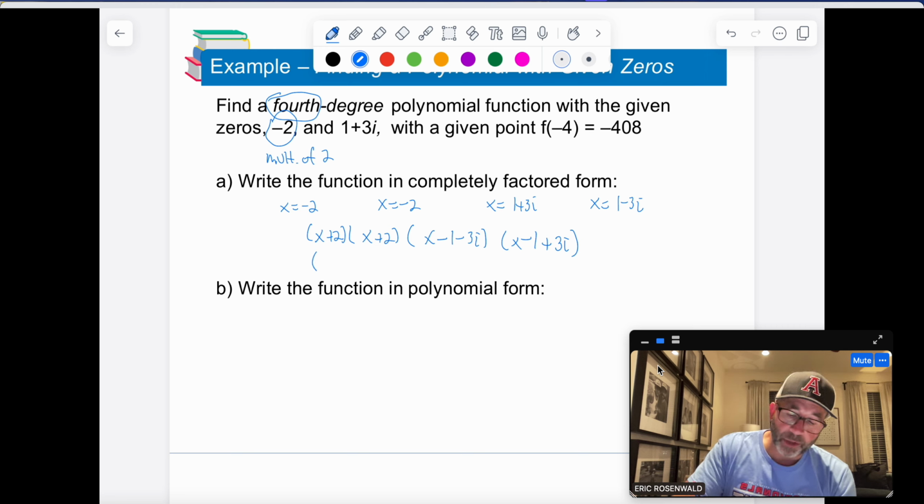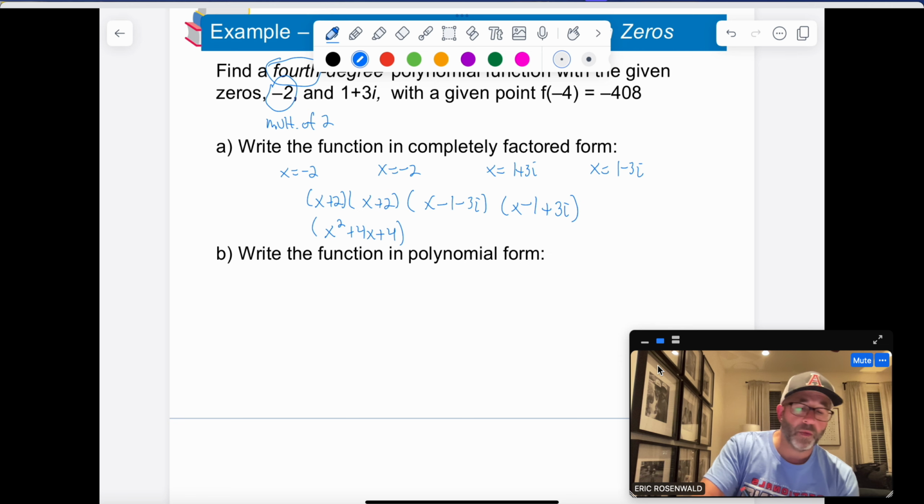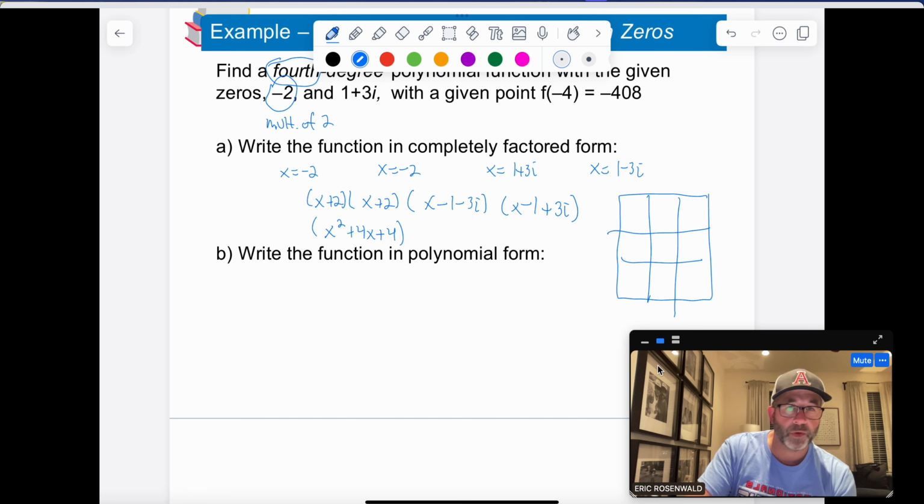For this first part, multiplying the real parts out, we're going to have x squared plus 4x plus 4. That's the easy part. Now for x minus 1 minus 3i, we've done this in the past where you can make a nice little chart to help keep yourself neat and organized. We're going to have x minus 1 minus 3i and x minus 1 plus 3i. We'll get an x squared, a minus x, minus 3xi, and then a negative x, a positive 1, a positive 3i, a 3xi, a negative 3i, and then a negative 9i squared.